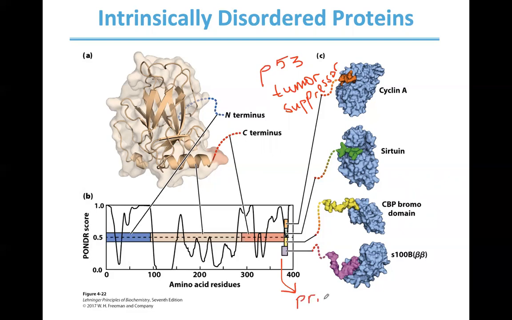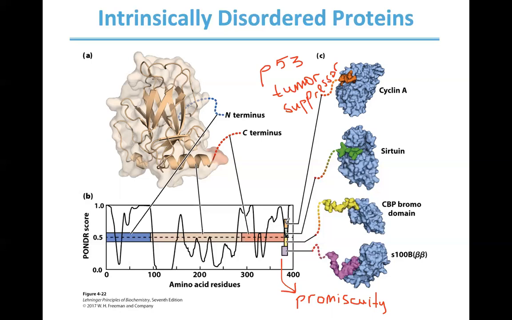It's a very promiscuous region of P53. It can actually interact with a bunch of different proteins: cyclin A, sirtuin, CBP, bromodomain, and this one. And because of that, it can perform multiple functions.